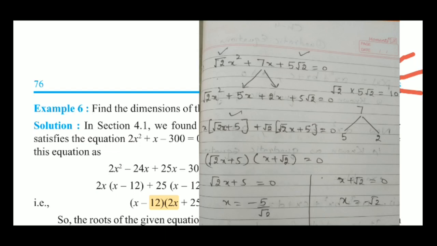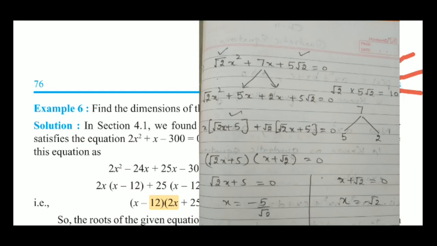You will choose two numbers in such a way that their product is equal to 10 and their sum is equal to 7. You can see in the second step, after splitting the middle term, we will get this equation: under root 2 x square plus 5x plus 2x plus 5 under root 2 equals 0.